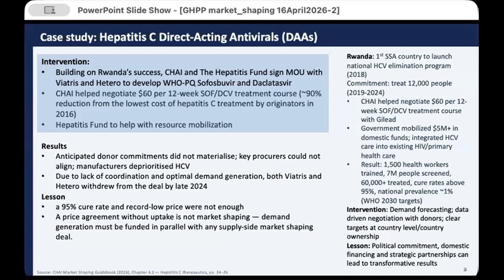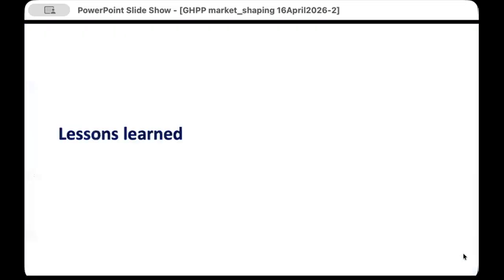They were able to do so. They got a commitment from 2 manufacturers, both Viatris and Hetero. But because there wasn't funding for demand, because there wasn't funding for this product, those 2 manufacturers left the deal. They withdrew.